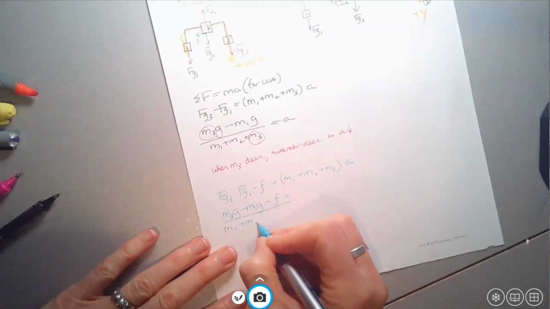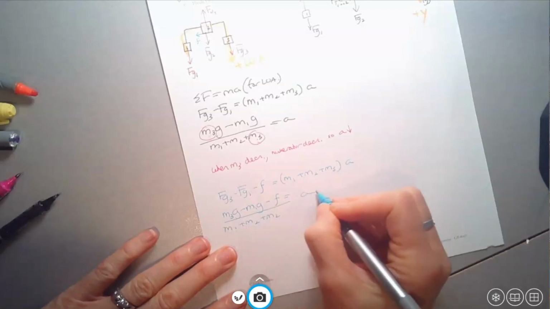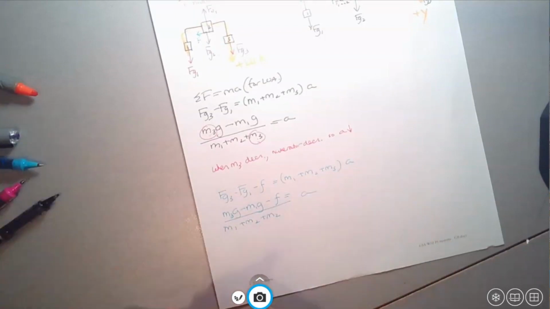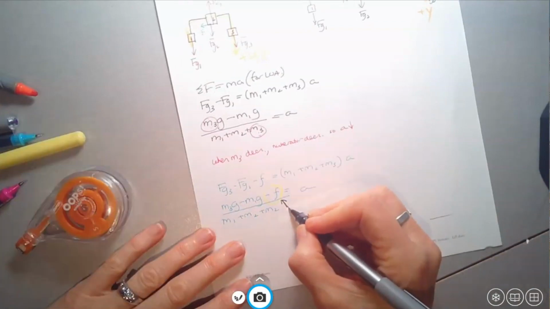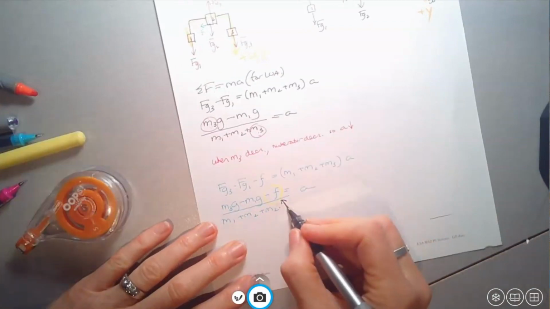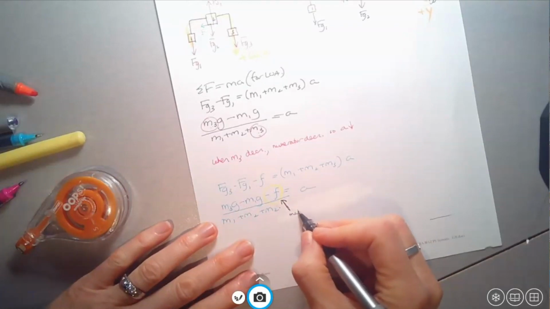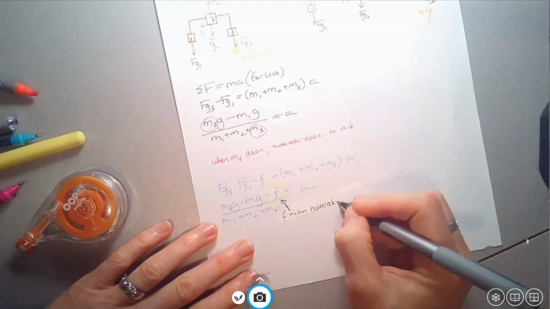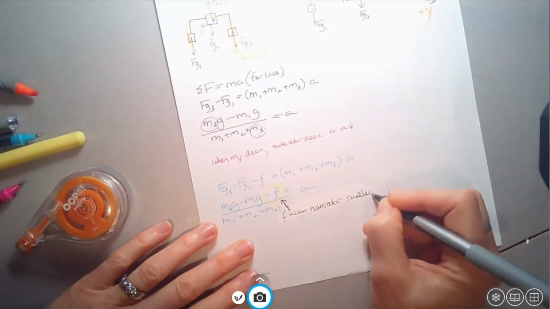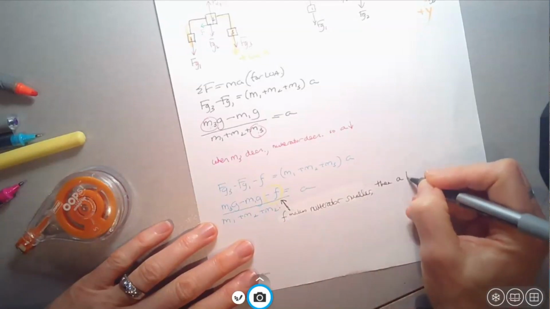You'll notice the equation seems pretty much the same except for this additional term. What does that term do? This term, friction, makes the numerator smaller. And when the numerator gets smaller, then acceleration goes down.